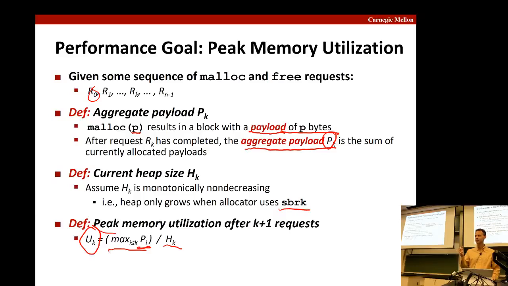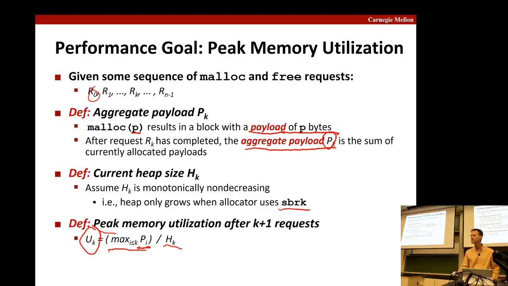It's the overhead for whatever data structures you're using. As we'll see, we do the bookkeeping also on the heap itself. That enables us to find things and so forth. And then just fragmentation, which we'll get to in a second.